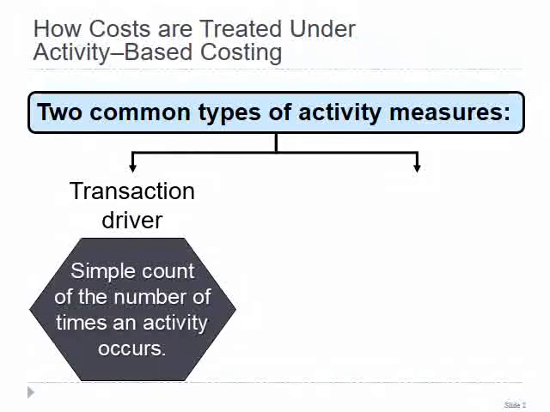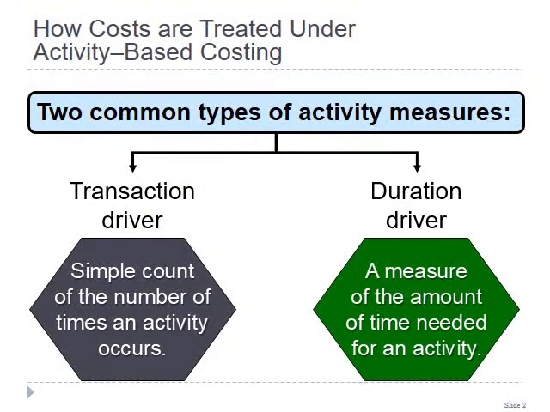Here we can divide our activity measures into two most common types: transaction driver and duration driver. As the name implies, a transaction driver is simply a count of the number of times an activity occurs, such as the number of bills sent to customers.